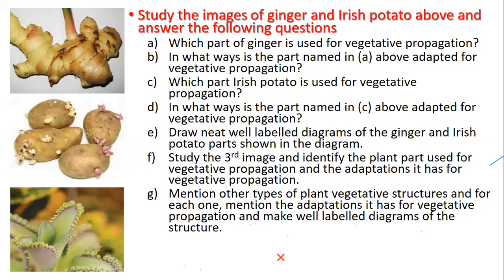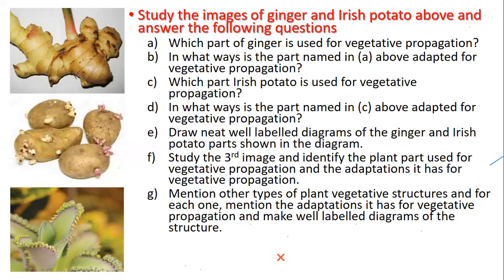It has buds from Jerry. And then Edith says it has scaly leaves. Its stem has rhizomes from Schaefer. Okay. It has an underground stem. It has buds which turn into shoots from Alvan.